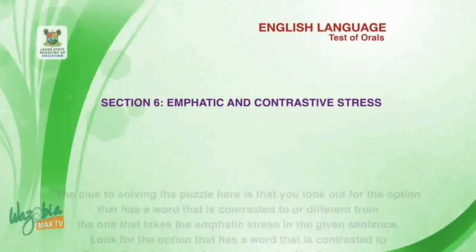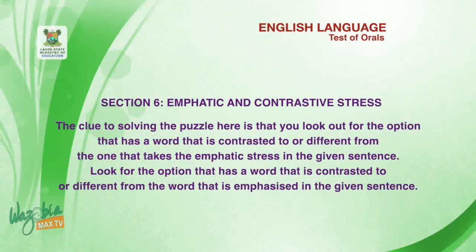The clue to solving the puzzle here is that you look out for the option that has a word that is contrasted to or different from the one that takes the emphatic stress in the given sentence.